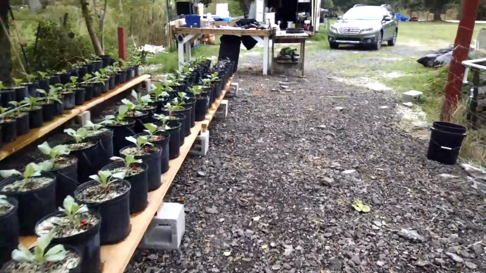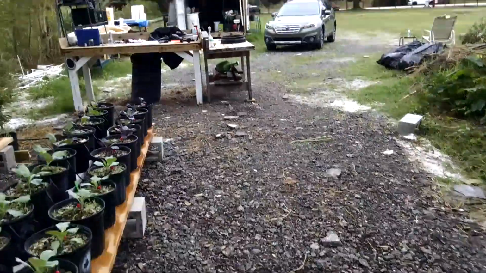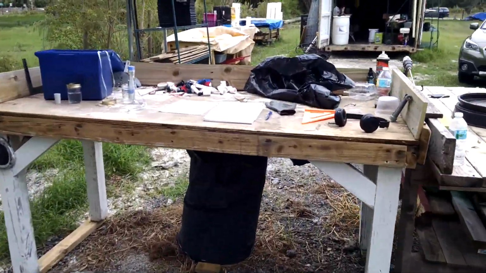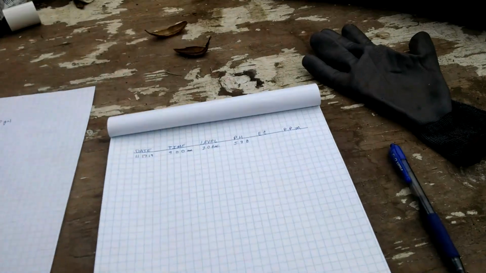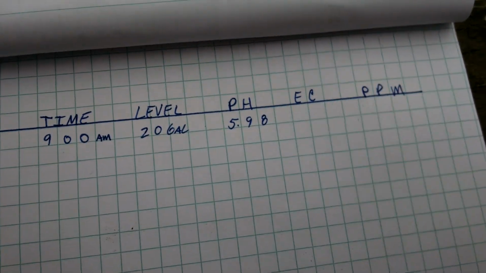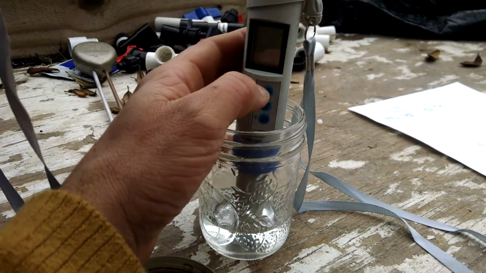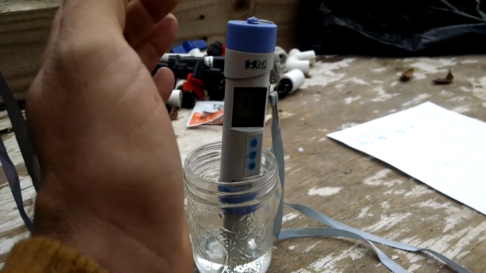So going back over to my sheet, the next data entry is my electrical conductivity, which is my EC, and my parts per million. And I just took my EC reading. Let's see if I can get this on here.